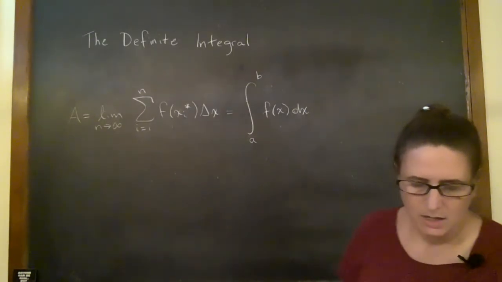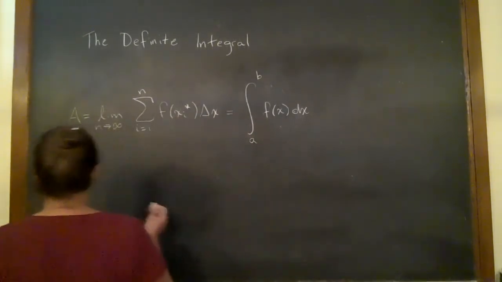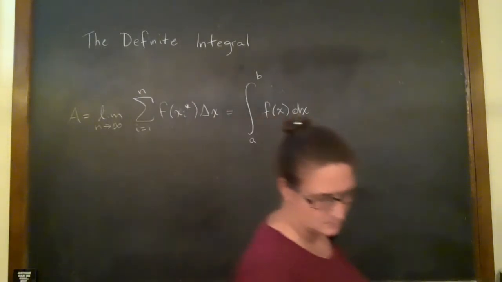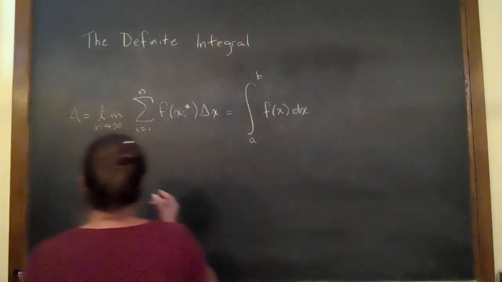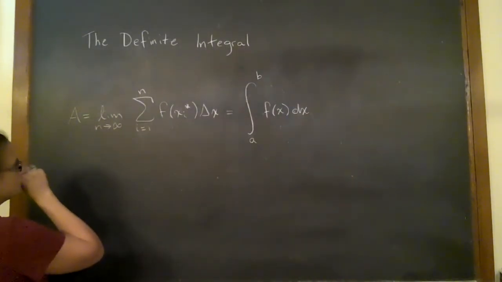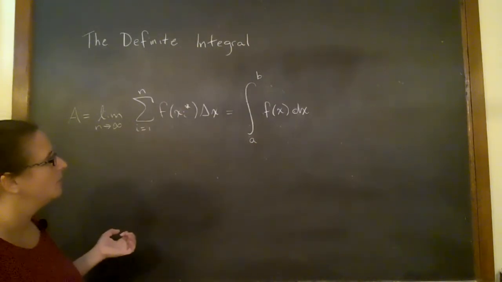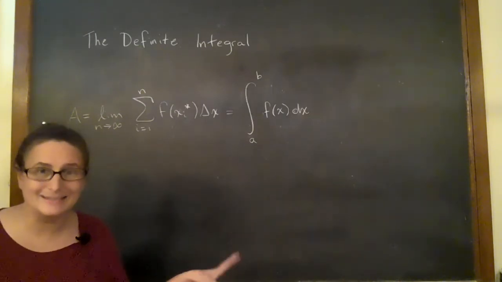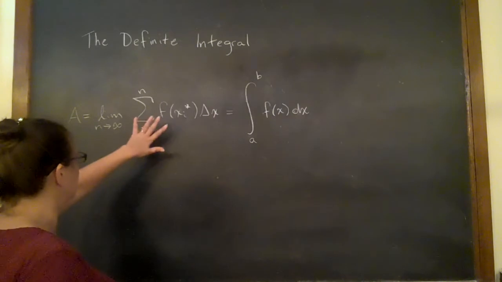Now, let's see. So, what do I say about it? For the purposes of this class, because you guys already had this in Calc 1, we're not going to really worry about this.